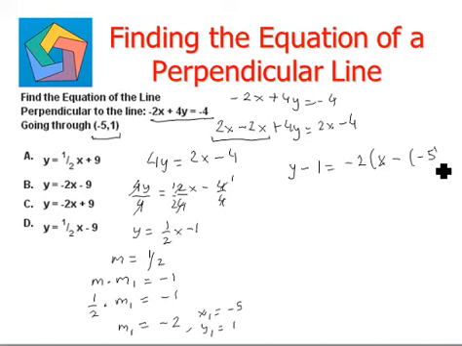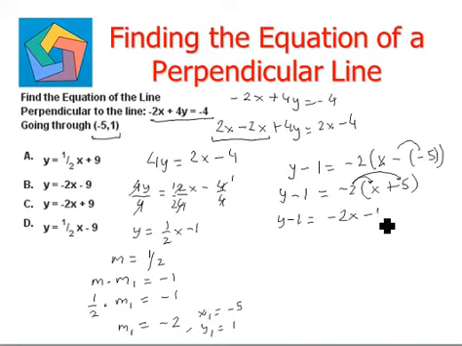We have plugged in the values and we'll simplify this now. y minus 1 is equal to negative 2 times x, negative times negative is a positive 5. So y minus 1 equals, applying the distributive law, negative 2 times x is negative 2x, and negative 2 times the positive 5 is negative 10.